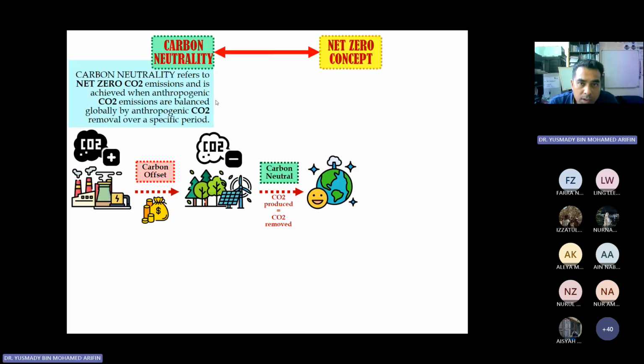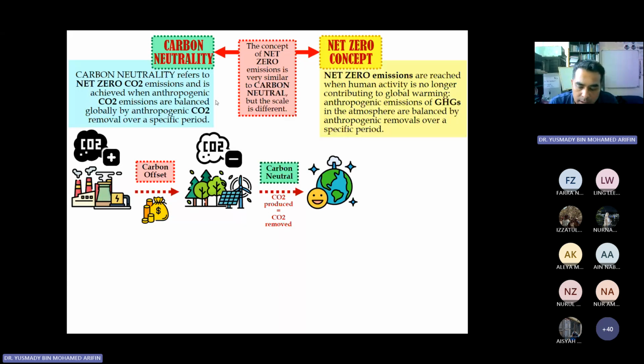Boleh? So now what is the difference between the net zero concept? Net zero in terms of concept is quite similar to carbon neutral, but the scale is different. So you tengok in terms of definition lebih kurang sama, but net zero dia lebih general. Net zero emission is reached when human activities are no longer contributing to global warming, in terms of emission of GHGs in the atmosphere being balanced by the anthropogenic removal over a specific period.